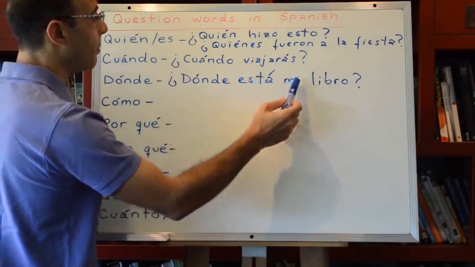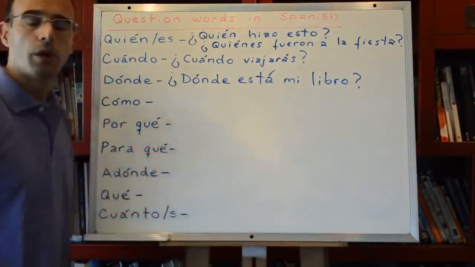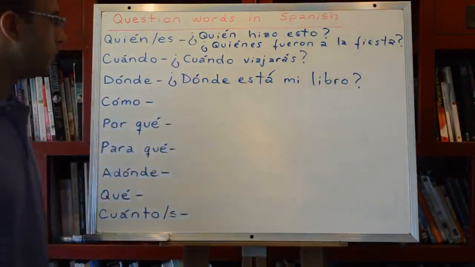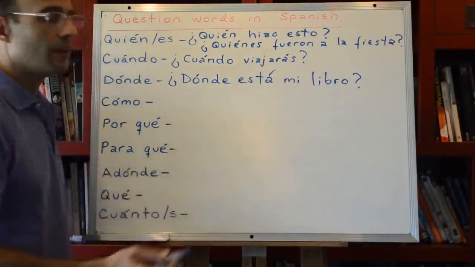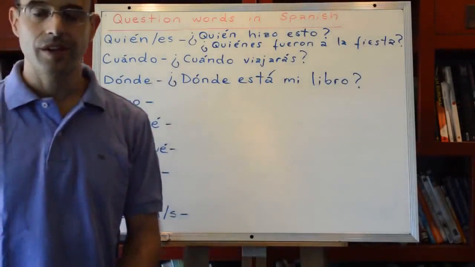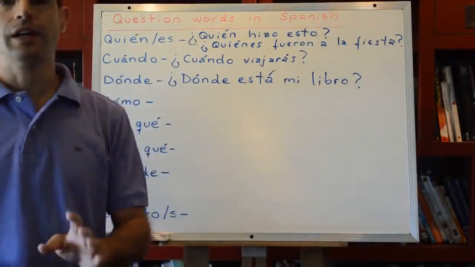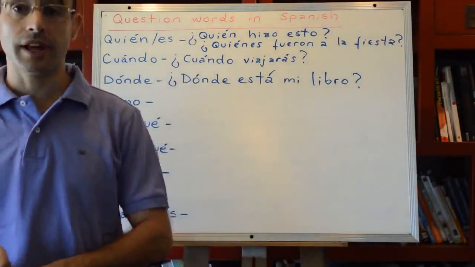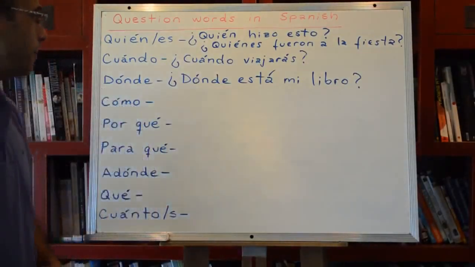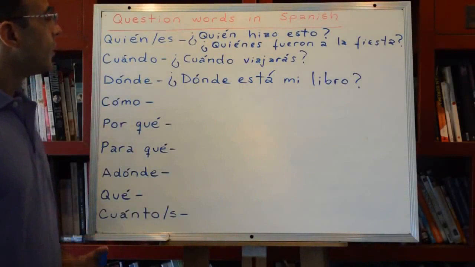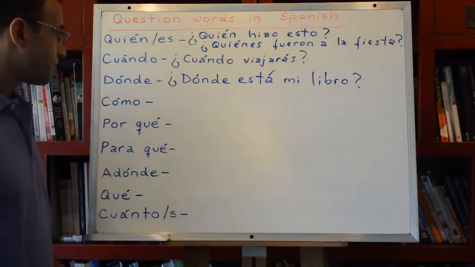Where is my book? ¿Dónde está mi libro? Está is verb estar. Recently I explained verb estar is one of the 4 most important Spanish verbs. Okay? Good. ¿Dónde está mi libro?